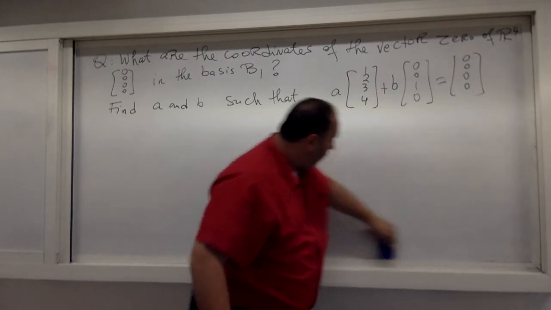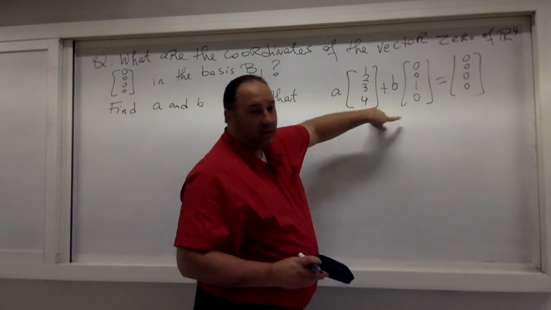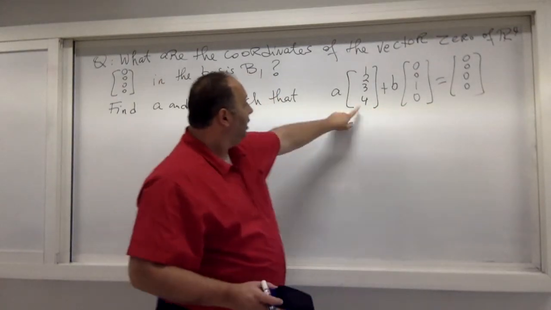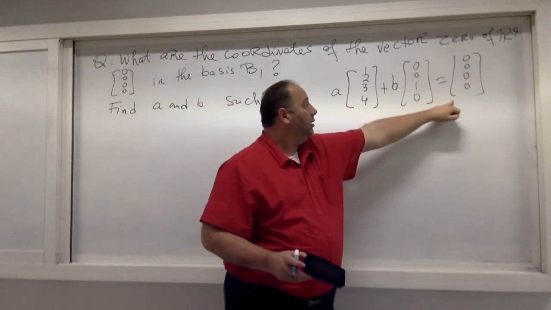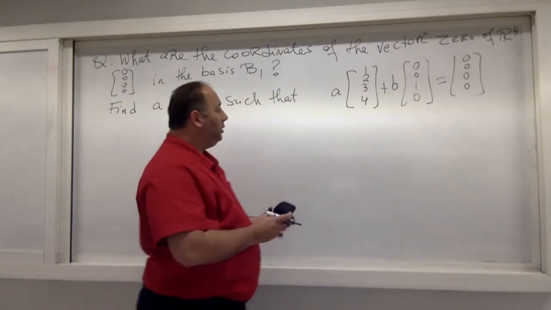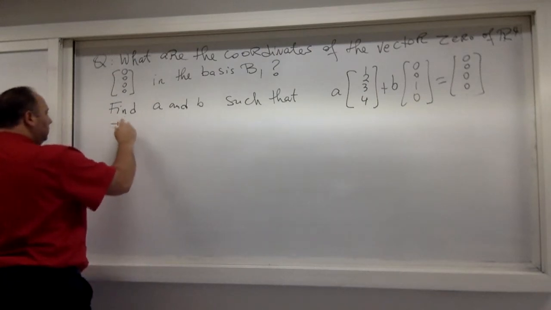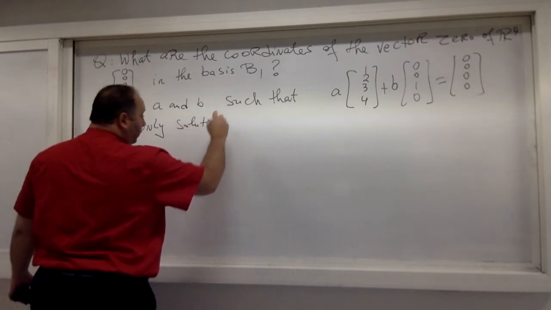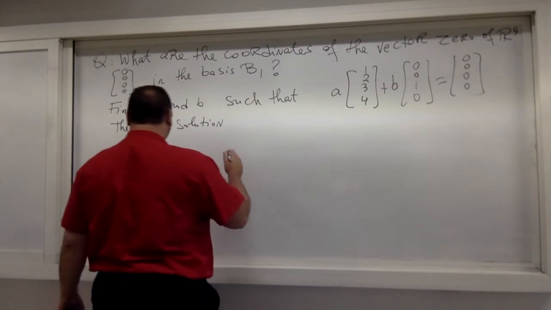Now, if you learned any theory before, you know when you have two linear independent vectors, because this is the definition of linear independence actually. So if you have two linear independent vectors and you want to find A and B for homogeneous equation, well, the only solution is A equals 0 and B equals 0. It's useful to know your theory. Well, if you don't know your theory, you just solve. And then you'll be pleasantly surprised.